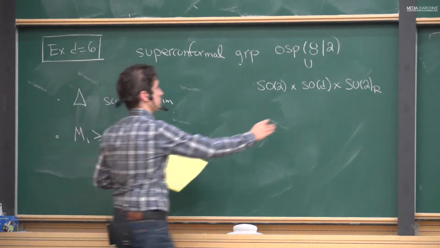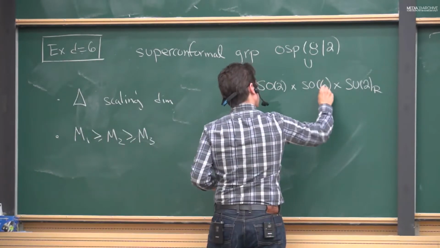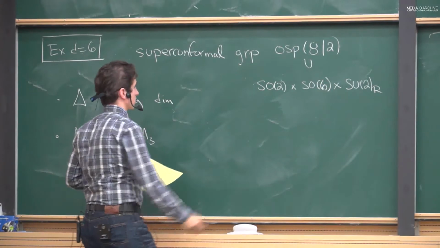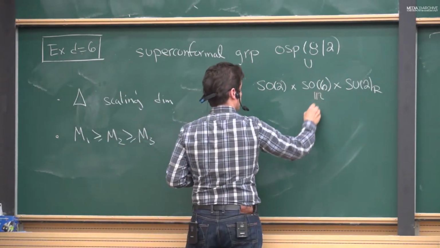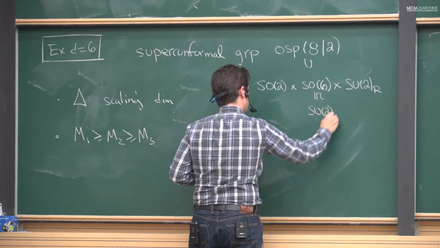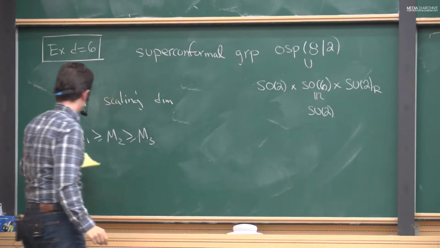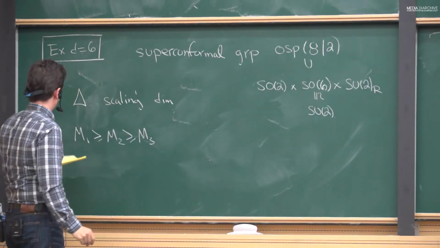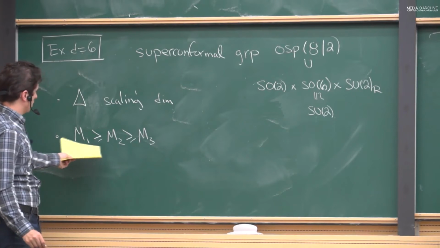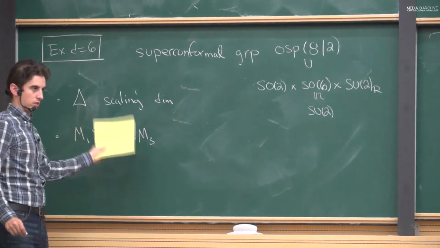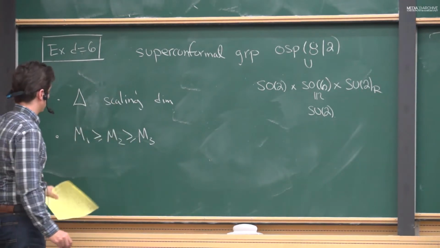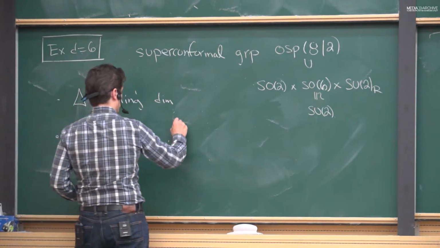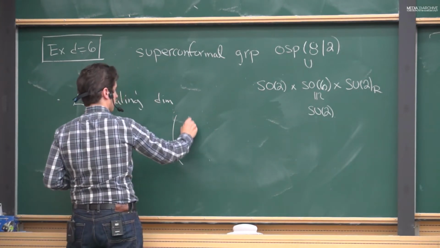Sorry, this should be SO(6). Here I'm going to use the fact that SO(6) is locally isomorphic to SU(4) and label representations by Young diagrams, where the first row has length M1, the second row has length M2, and the third row has length M3. Let me put a parentheses here, some familiar representations.